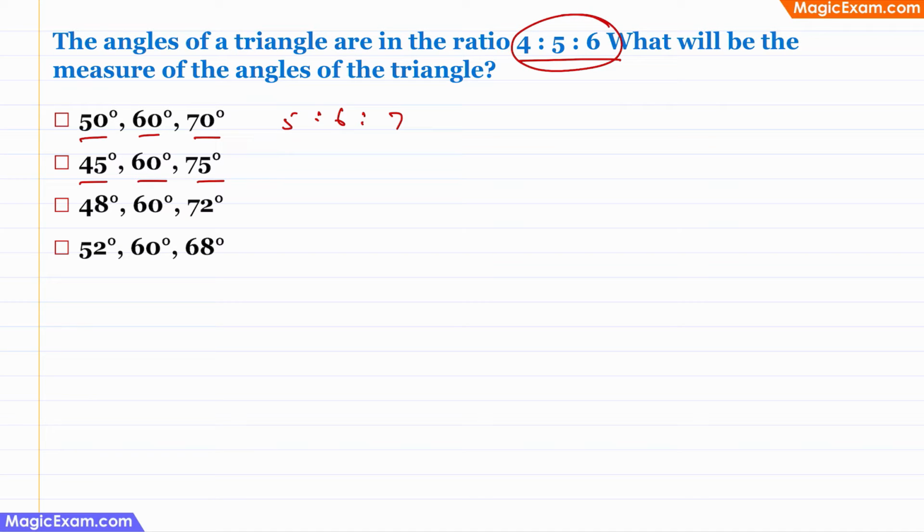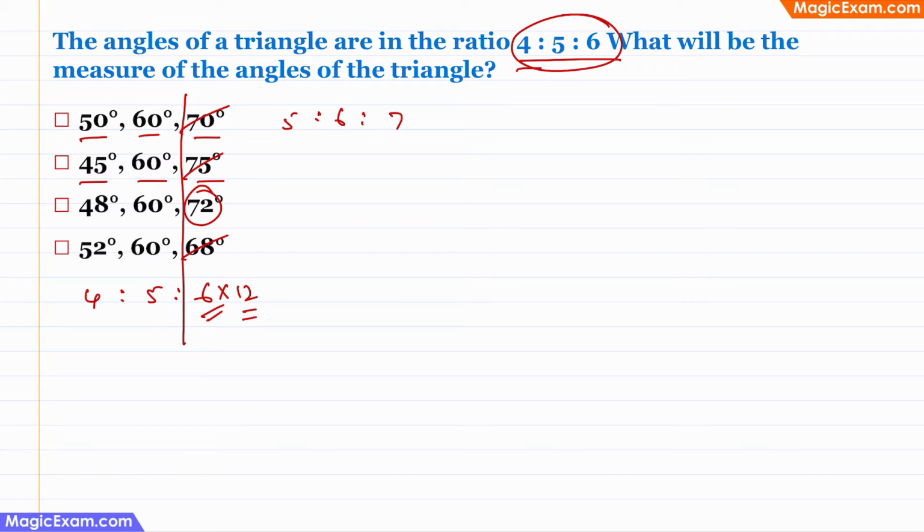Or there is another simpler way of doing this. We know that they have to be in the ratio of 4:5:6. So write down 4:5:6. Now divide the numbers in the last column with 6 and see which one of them will get divided cleanly by 6 without a remainder and without a decimal point. 70 will not, 75 will not, 6 11s are 66, so that leaves a remainder of 2, so this also will be eliminated. 72 will get cleanly divided by 6 because 6 into 12 is 72.